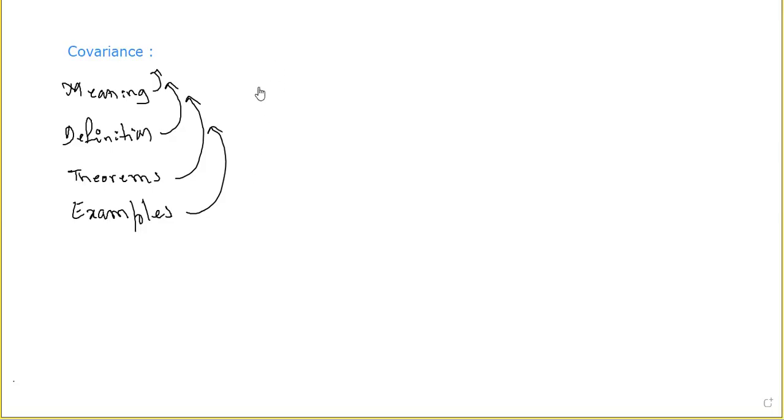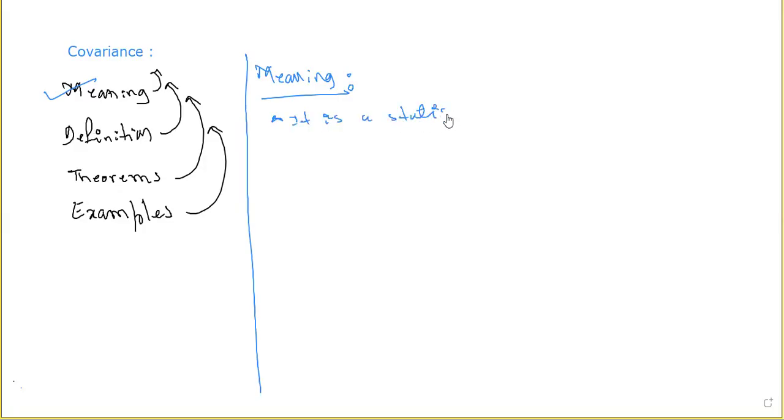So first we go for what is the meaning of covariance, right? What it tells us, or what is the use of covariance. So here, meaning, right? Covariance is a statistical measure. What is a measure?